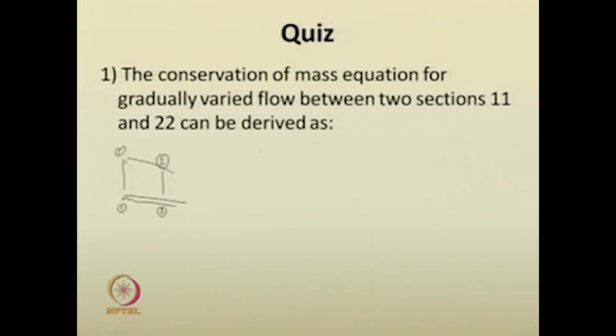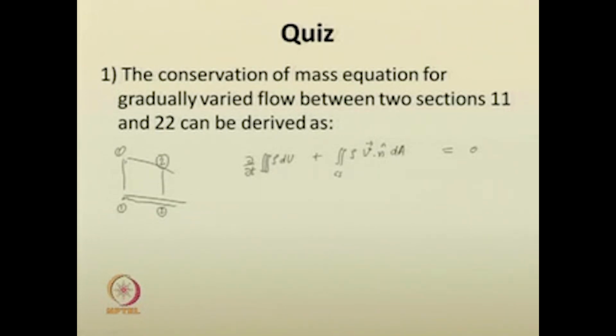So, from the basic Reynolds transport theorem, if you recall them, we had suggested that the change in mass inside the control volume between the two sections plus the net outflow of mass across the control surfaces of the control volume should be equal to 0.